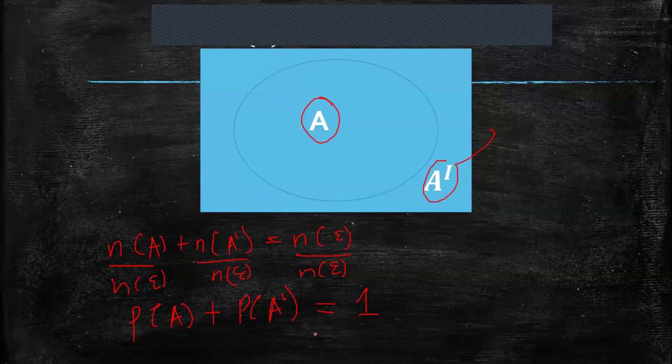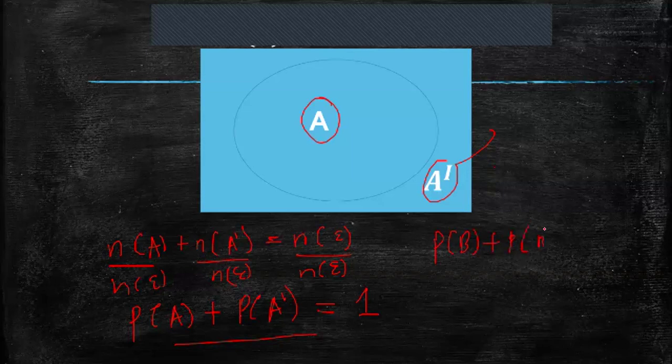So we shall end up with probability of A plus probability A prime is equal to 1. Likewise, if it is B, it is also going to be probability of B plus probability of B prime, and this will still be equal to 1.